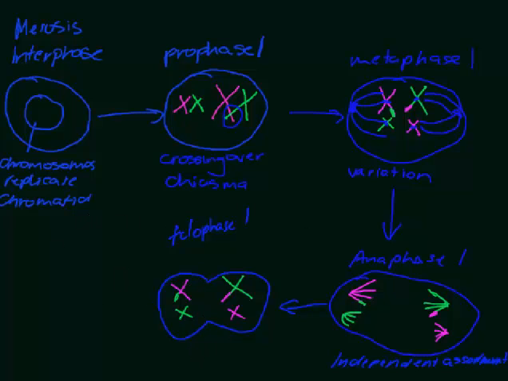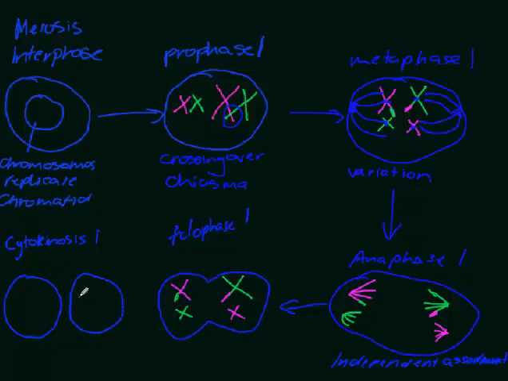Finally, the last phase is cytokinesis 1. So the last stage is cytokinesis 1. So in this stage, we see the formation of two daughter cells.